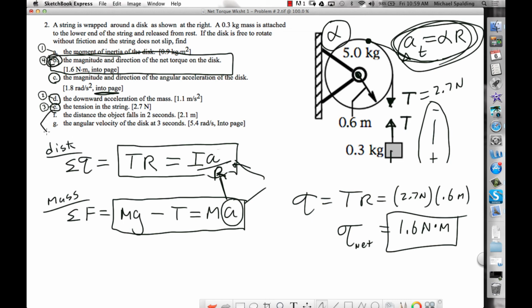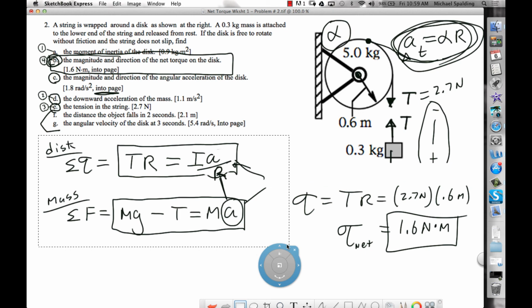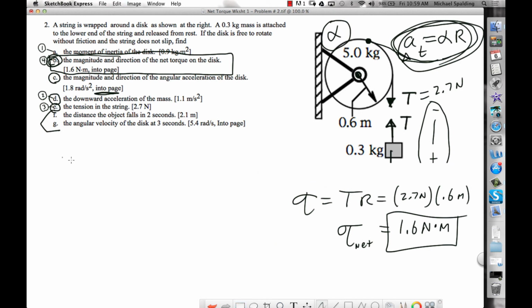The last two questions are simply kinematics. The distance that the object falls in 2 seconds. We're solving part F right now. X equals 1/2 a t squared plus v initial t. V initial is 0.